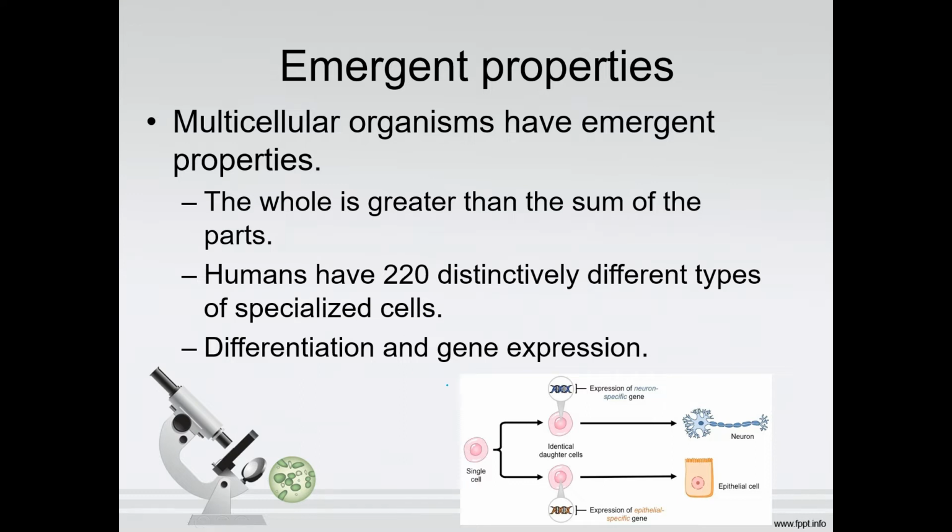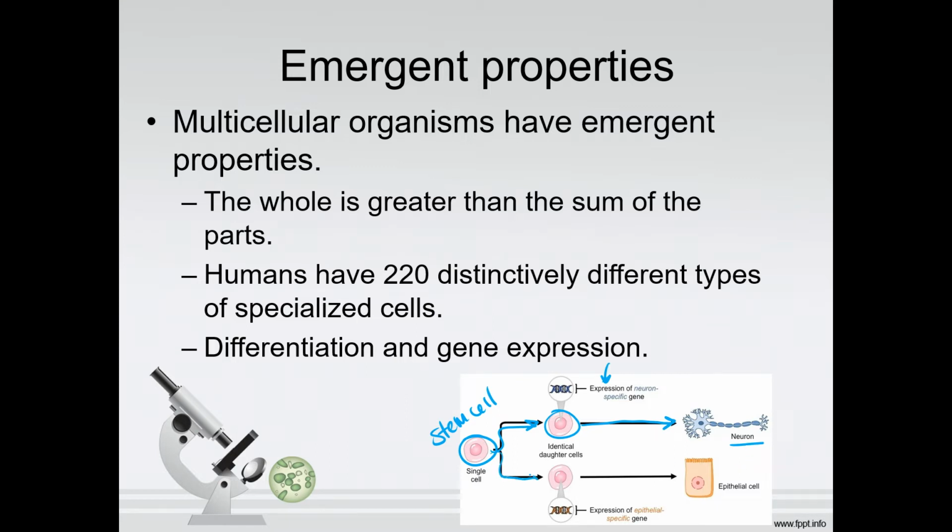So I could start with this single cell, which I could refer to as a stem cell. And the stem cell could go through mitosis, and I could have one daughter cell from that stem cell, in which we turn on or express genes that are specific to neurons. And then this cell is going to grow into a nerve cell.